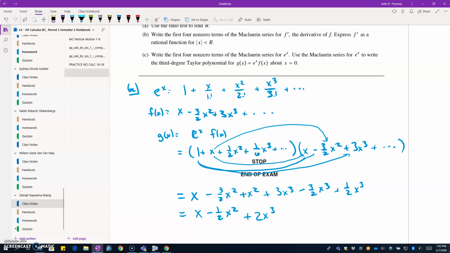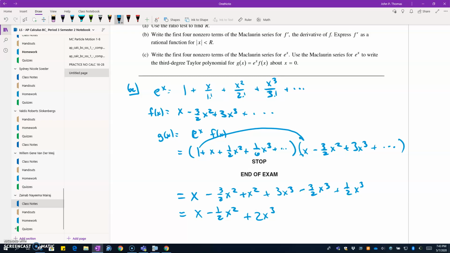If I clean these lines up a little bit just so we can see a little better. Basically, I want to generate up to third degree. So if I take the 1 times the x, that's lower than third. The 1 times the x squared, that's lower than third. The x times the x cubed, that is third degree. And then everything past that would be fourth degree.